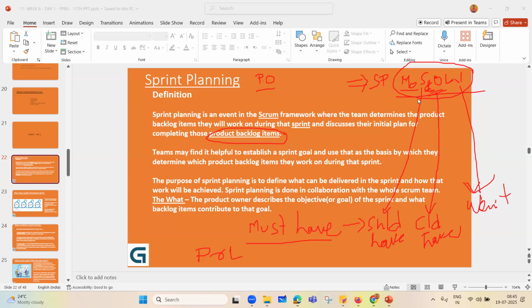In my company, we use the Moscow technique. You tell them that if you are asked in the interview: this is how we coach or help the product owner to prioritize the product backlog items. With me so far, everyone? Here you must be very clear about where people fail to understand. The moment they give the answer must have, should have, could have, W goes as would have. No. The simple answer for W you should remember is won't have.